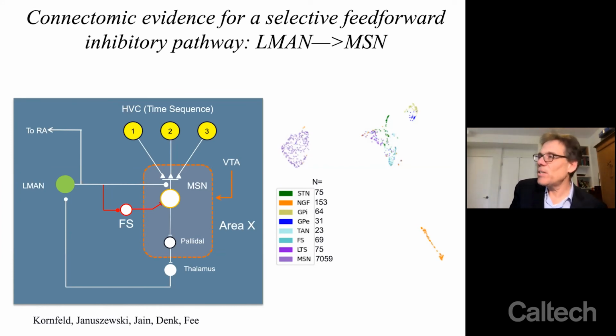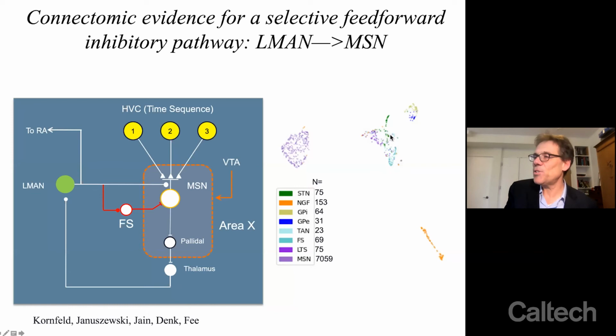But you can see in the larger data set, we also see clear clusters of many other neuron types, including GPe and GPi pallidal cell types, low threshold spiking interneurons, that's a striatal cell type, neurogliaform cells, another striatal interneuron cell type, even subthalamic nucleus excitatory neurons that were identified by David Perkel in area X.